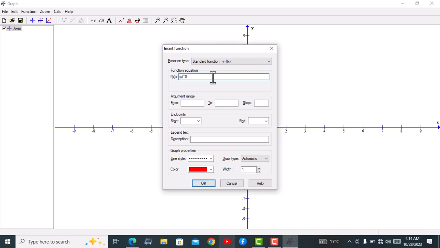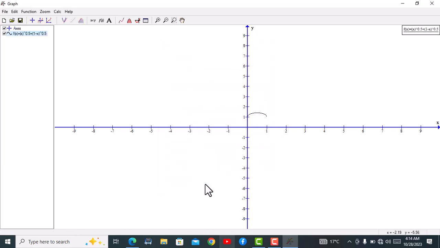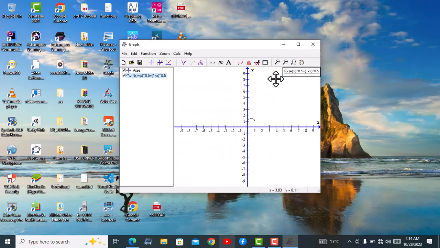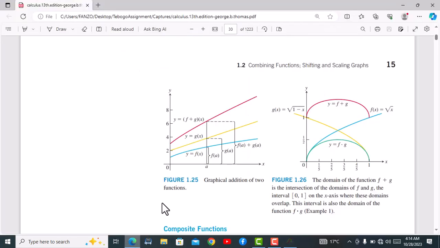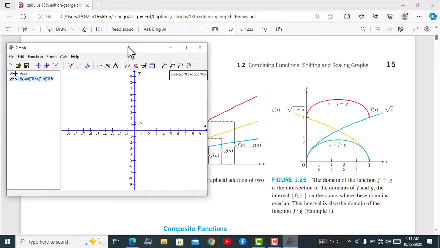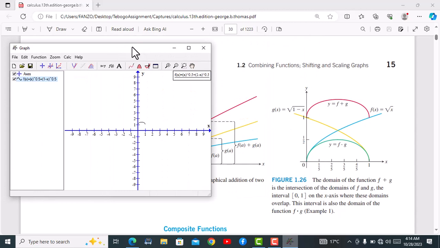I showed you that function when I said x to the exponent of 0.5 plus 1 minus x to the exponent of 0.5. And let me just use a black color for that. Let me use a solid line. I showed you that function. Here it is. Now let us try to see what is happening there.